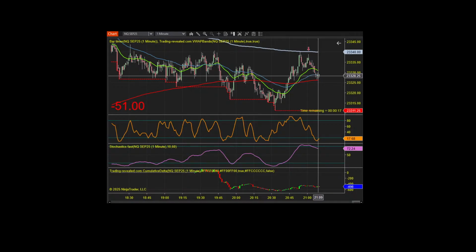There's a lot of moving averages right here, so I may take a flyer, and we're gonna try a long, but I'm gonna have a tight stop right below this 200 average, and let's see what happens if we get filled. May not get filled.